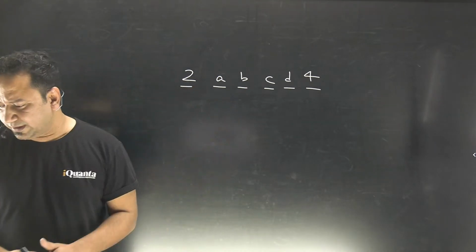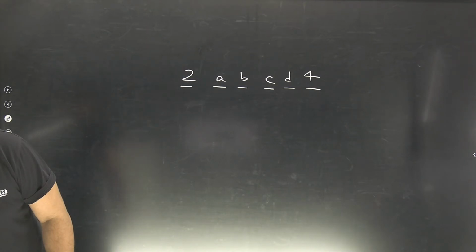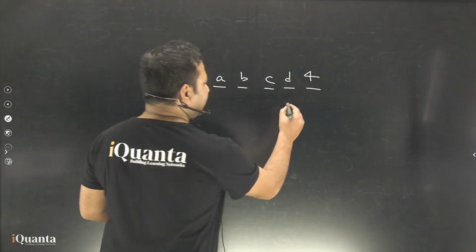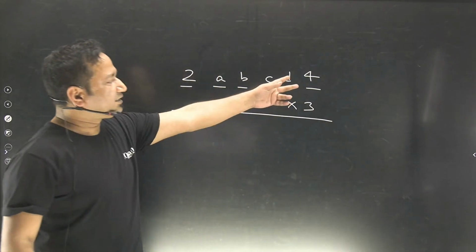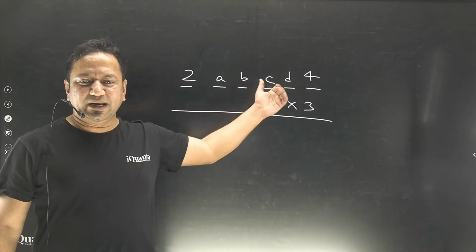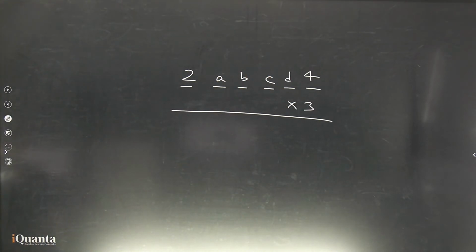So let the middle digits be A, B, C, D. Now it is known that if this number is multiplied by 3, all the digits shift one place towards the left.